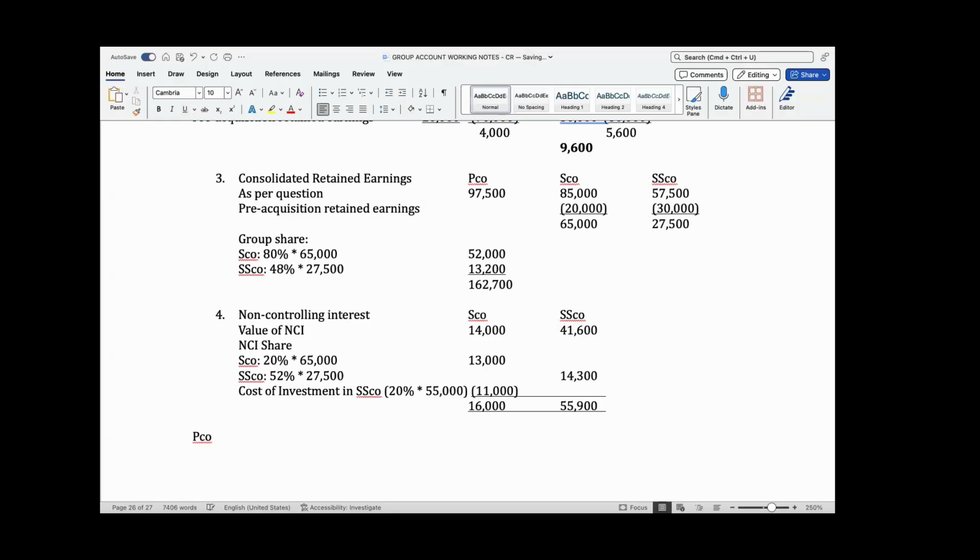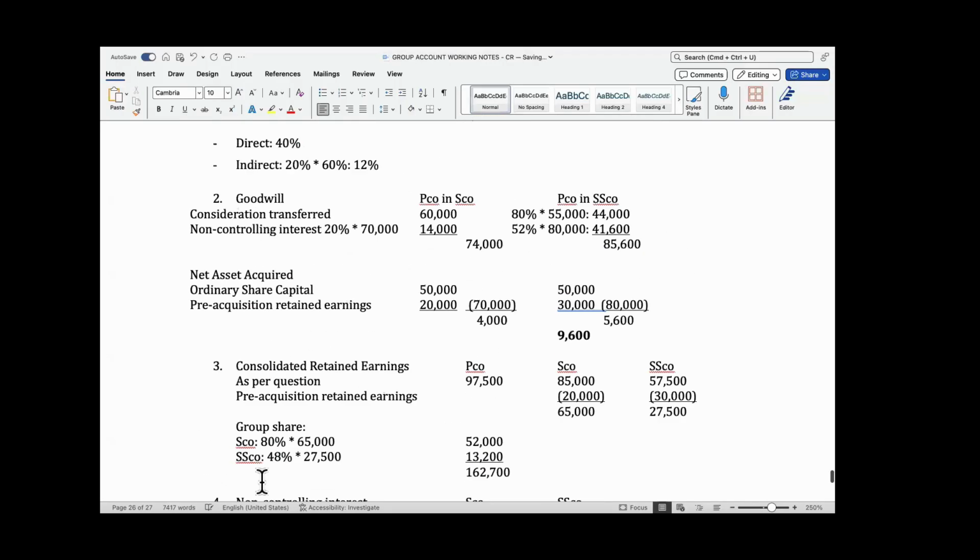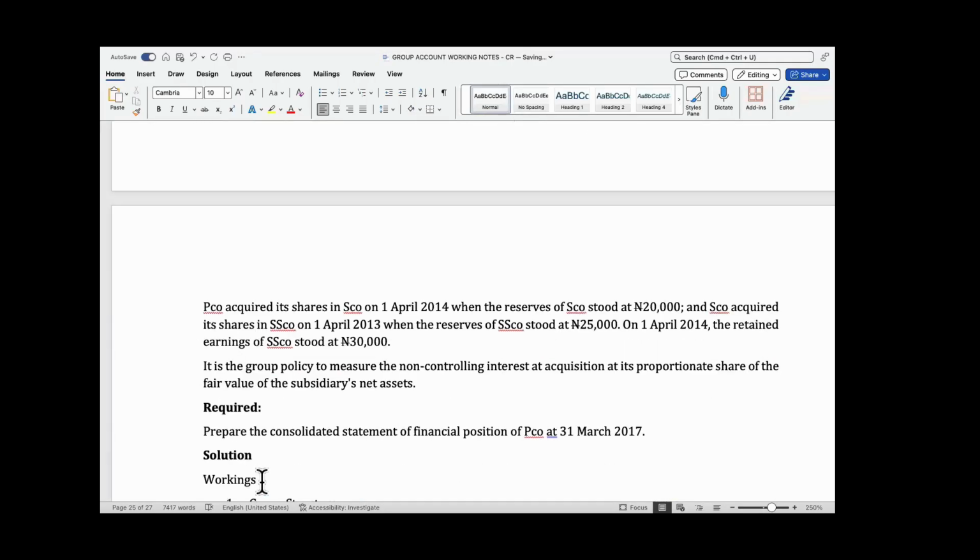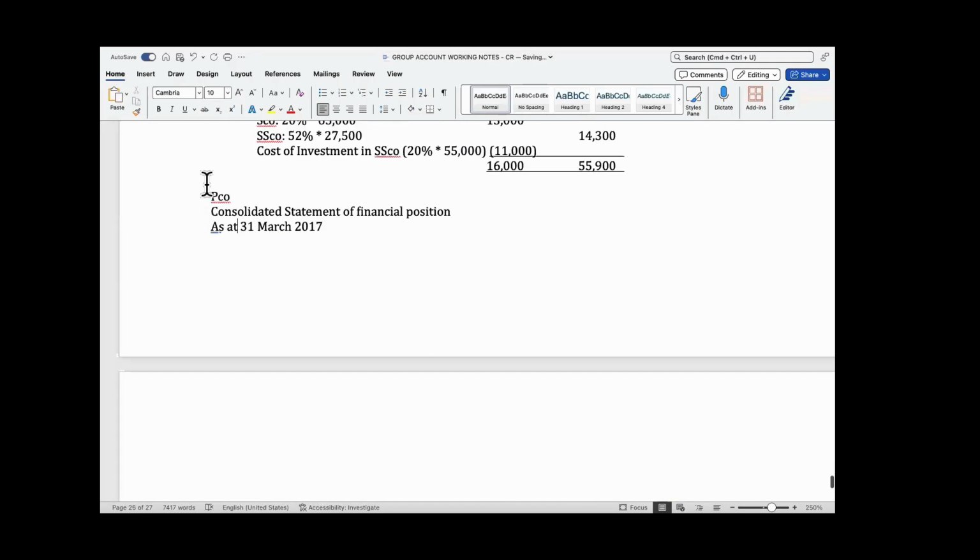So PICO, consolidated statement of financial position, 31st March 2017.